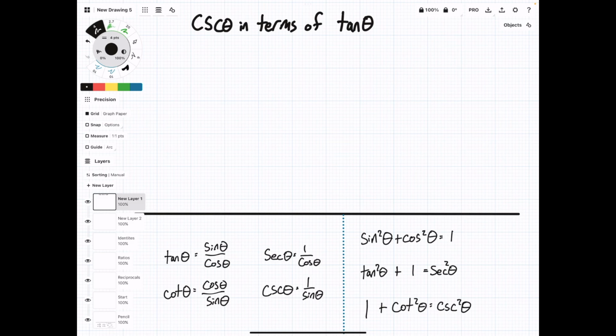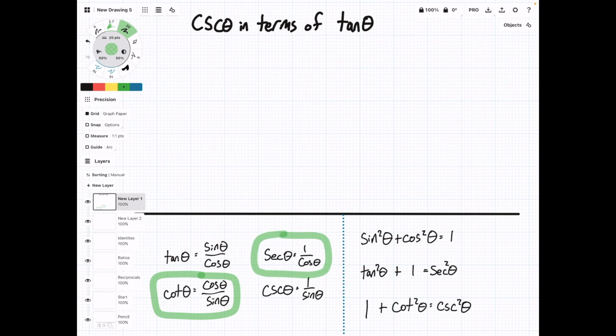Now we want to write cosecant theta in terms of tangent theta. So for this one, I'm going to be a little bit more clever. What I'm going to do is take this identity here for cotangent and this identity here for secant to basically write out an equation for cosecant, and I'll show you what I mean. Cotangent theta times secant theta.